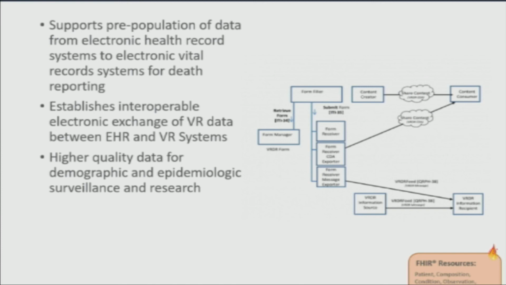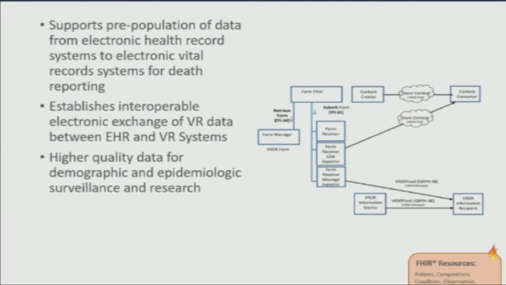So you'll see from PCC, you're starting to get these profiles that are saying, here is a use case, and right now the CDA is implementable and usable, but FHIR is kind of on the horizon.